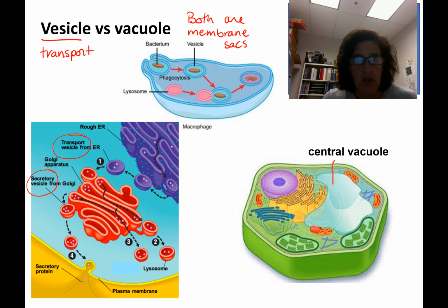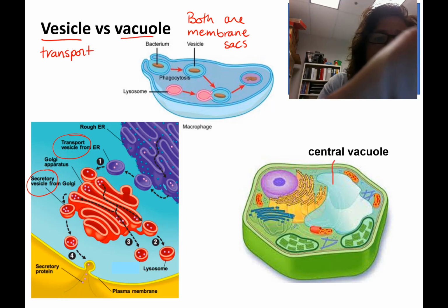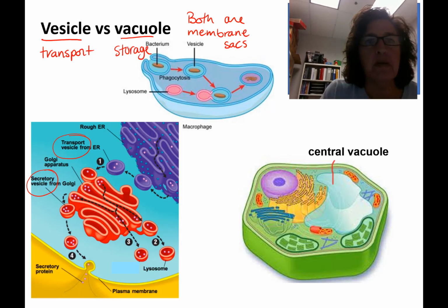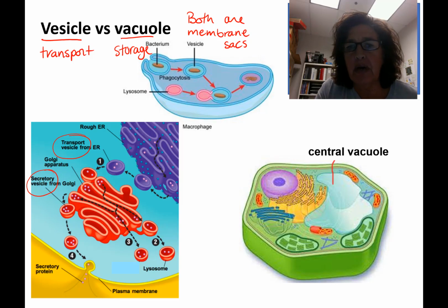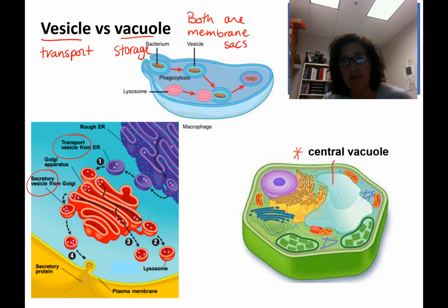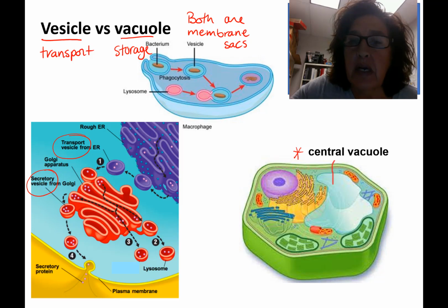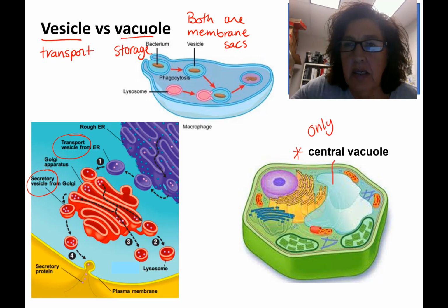Vacuoles in general are more for storage. The one vacuole that I want you to know about is the central vacuole, and this is only in plant cells.